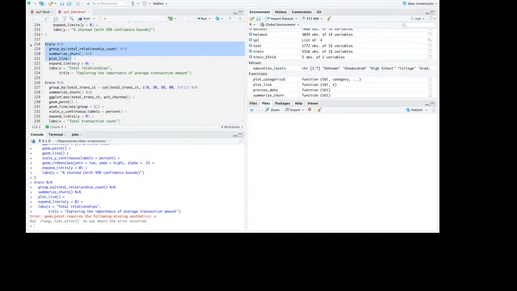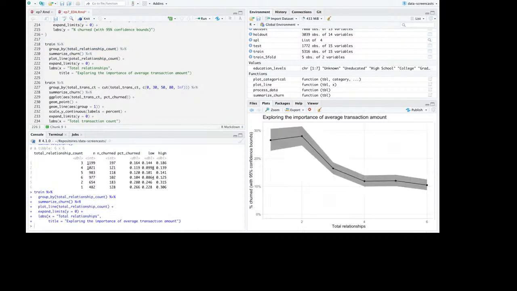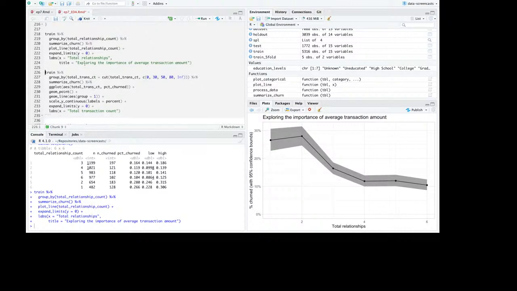All right, the summarized churn. Oh yeah, look at that. Doesn't that look great? I think it looks pretty good.